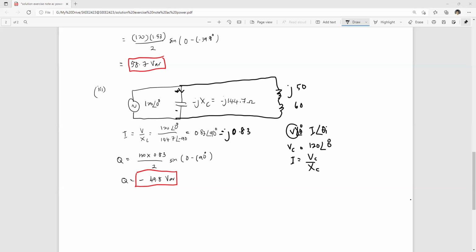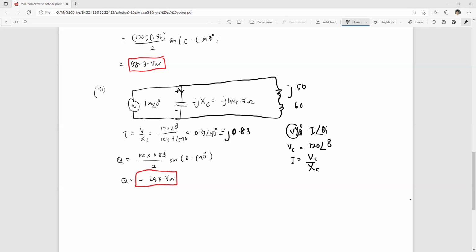Please bear in mind that the total power inside a circuit must equal 0, and this applies to P and also to Q. Right now we consider only Q, because in this case we want the total reactive power to be equal to 0.